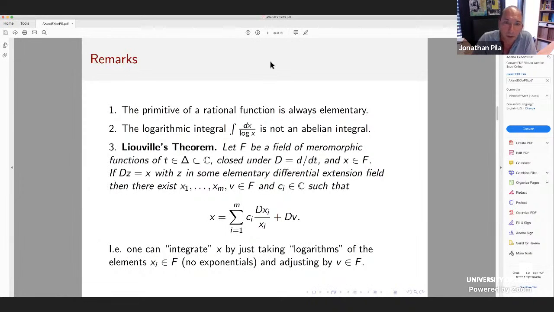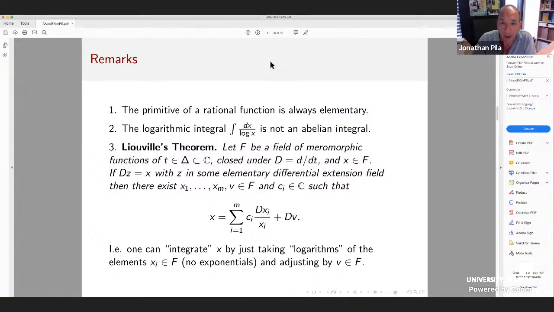And the key result that Liouville used, this theorem of Liouville, is a very general theorem about existence of antiderivatives in elementary extensions.